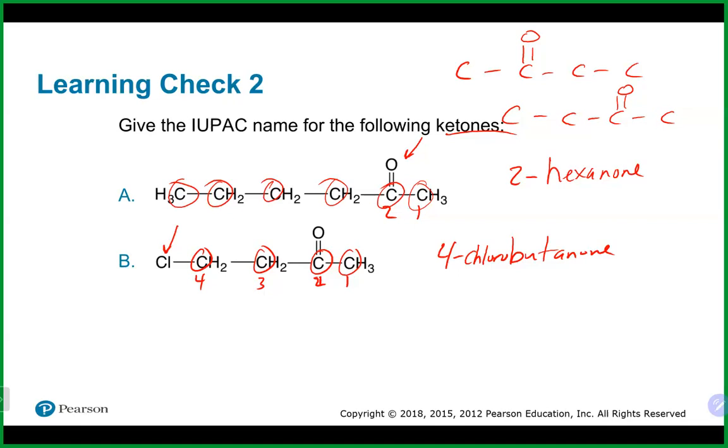But it still is going to be the lower number in terms of numbering for the chlorine in this case. So that's why we did go right to left, to give that guy the lowest number. And because we locked in the numbering for that, we had to keep it for the chlorine. Okay.